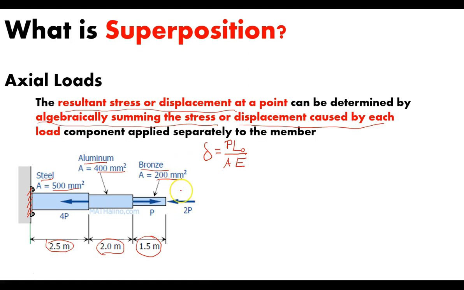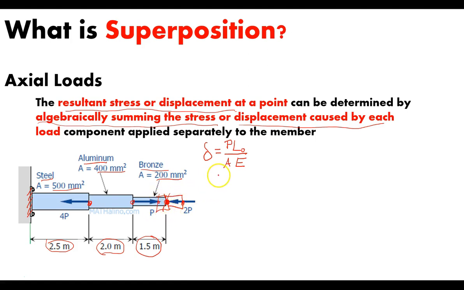So if we want to know, just looking at superposition, what the displacement was at any point, say here, we would have to know the sum of the displacements of each one of these segments. And we can do that. We have enough information to find the displacement of each segment and find out how much each one contributes to making this point move outward or possibly be compressed.